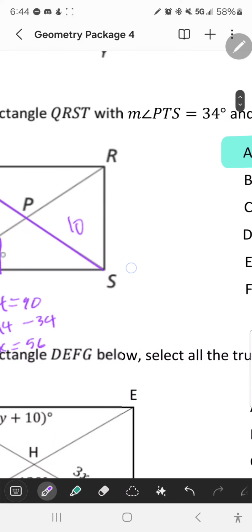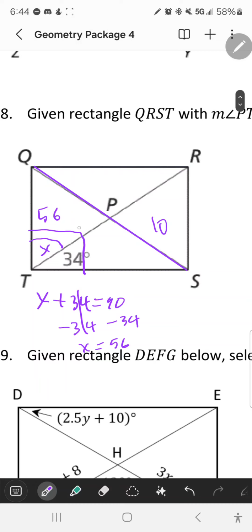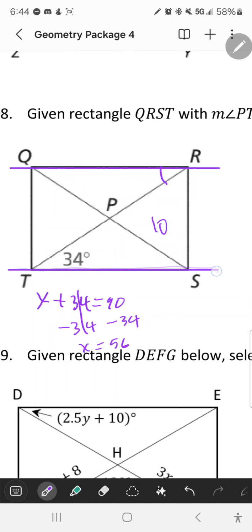Now, QRT. We're looking for this angle right here. To do that, let me take away this, and I'm going to show you something that you might not have noticed. This is a rectangle, so this side is parallel to this side, and now we have this diagonal right here.